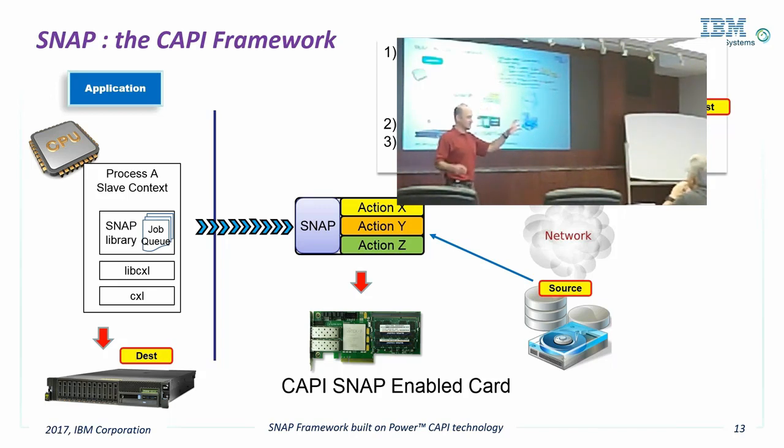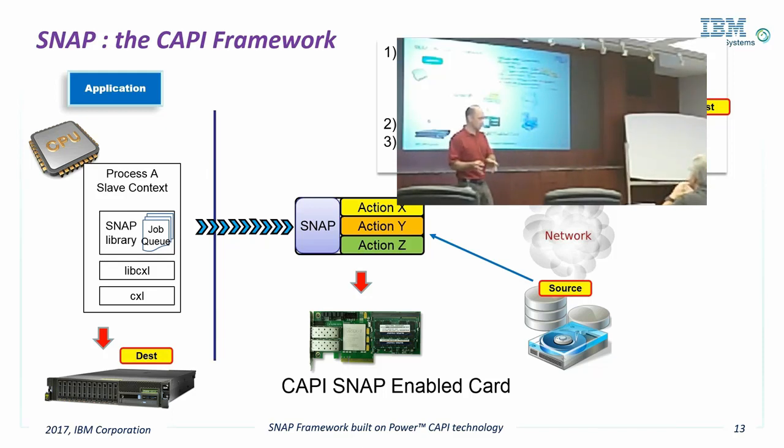That data that you want to work on is residing somewhere. It could be in host memory. It could be out on the web somewhere. It could be a Twitter database. It could be in the storage area network. It could be on NVMe on a flash array on the card. That's your source data. And then once the action completes, you want to put your results away somewhere. And that's your destination location.